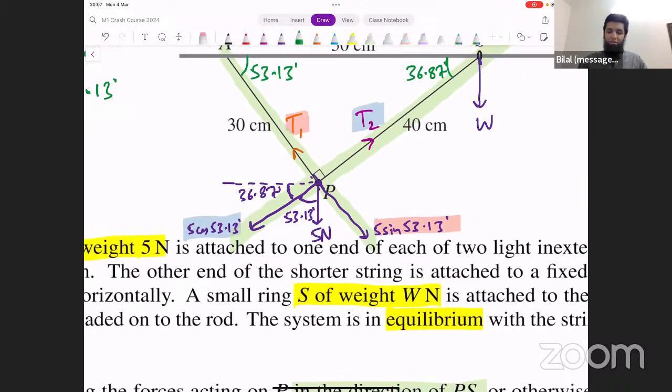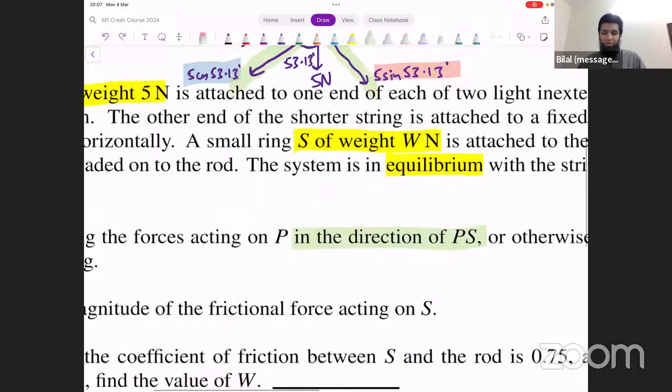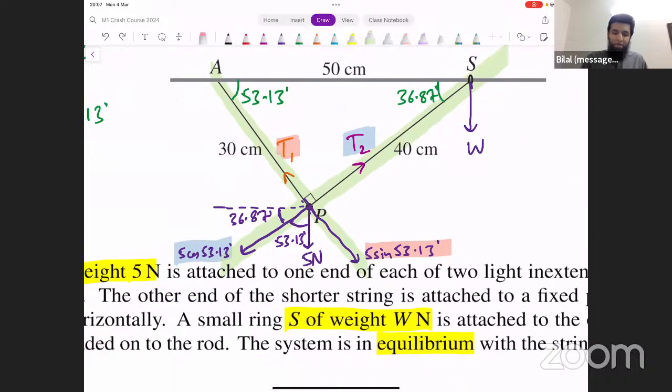Remember the directions? The green highlighted directions. These are the directions that we have to resolve the components and that we have to find components in. 5 Newton is acting vertically downwards. So 5 is going to have these two components. One here. This is one component and the other is going to be here.